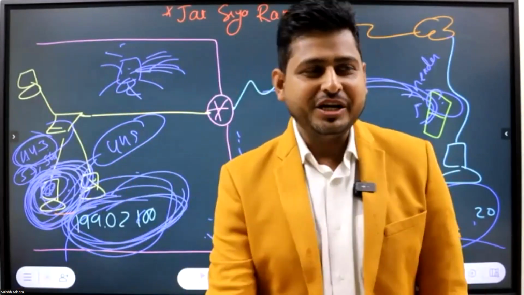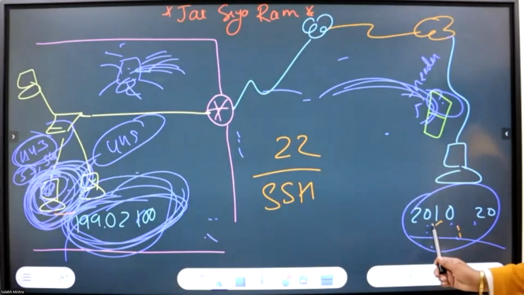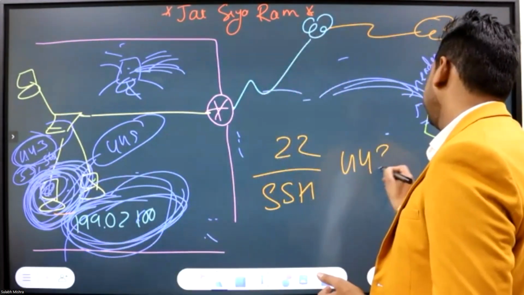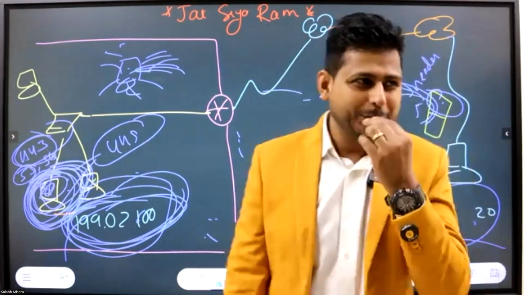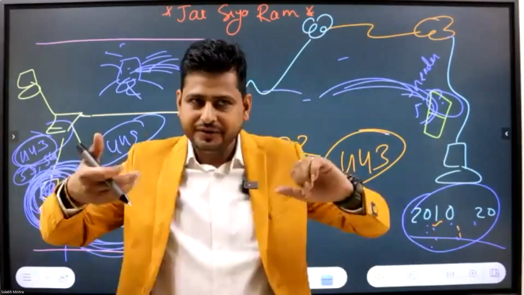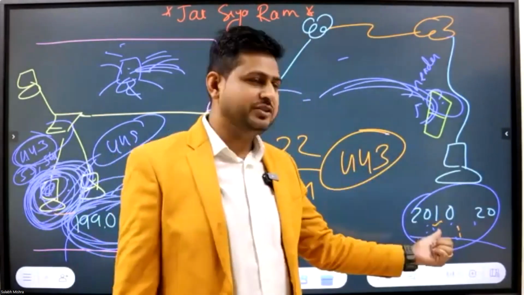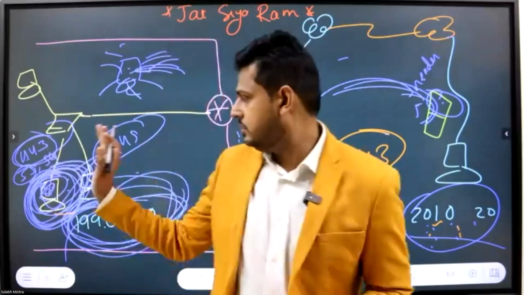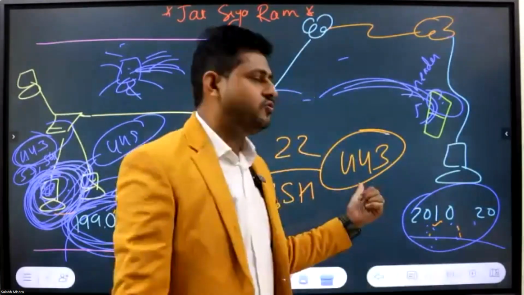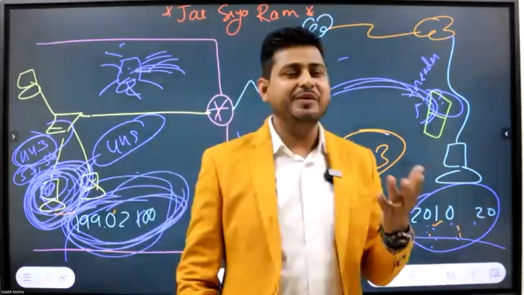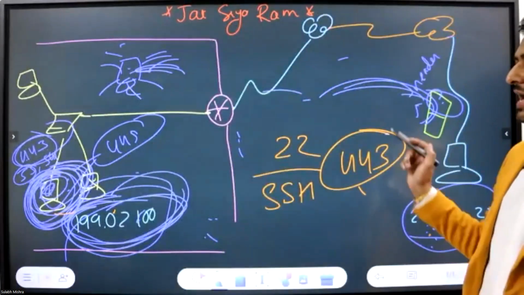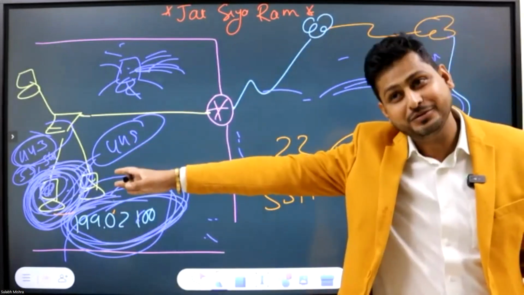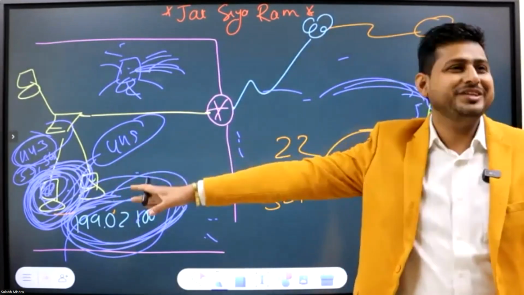For example, source IP is this one, destination IP is this one, and destination port number is 443. By seeing this, I will understand this particular user has accessed this system on port 443, which means he has accessed the HTTPS website.